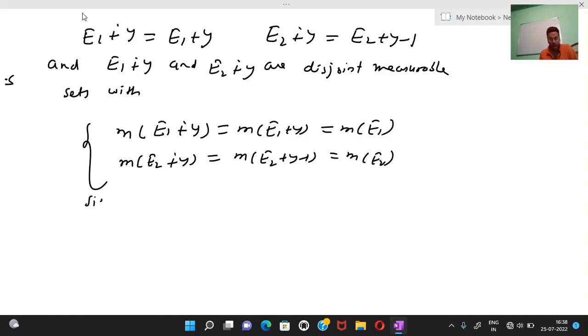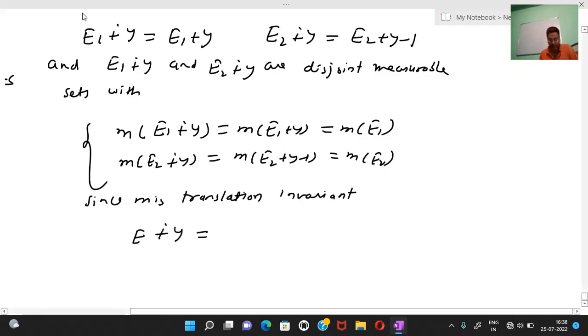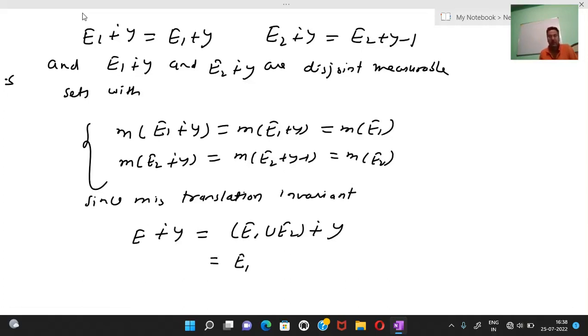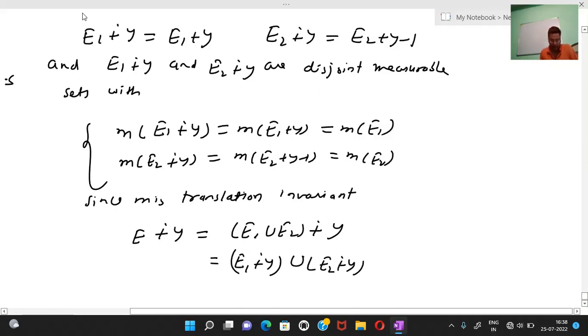Since the measure is translation invariant, we can write E plus dot y, where E is E1 union E2, as E1 plus dot y union E2 plus dot y.